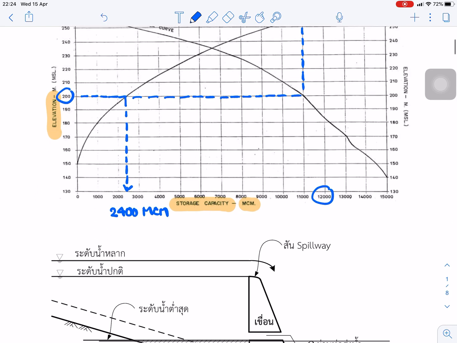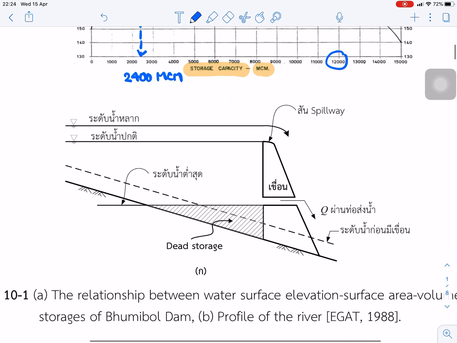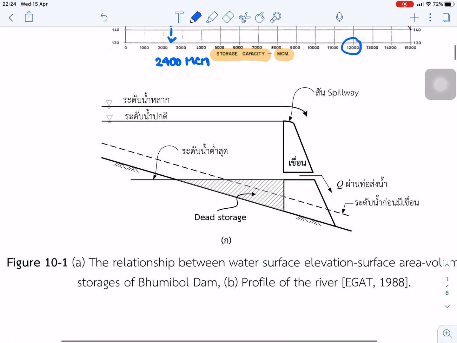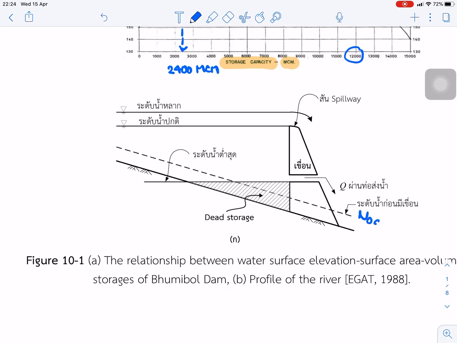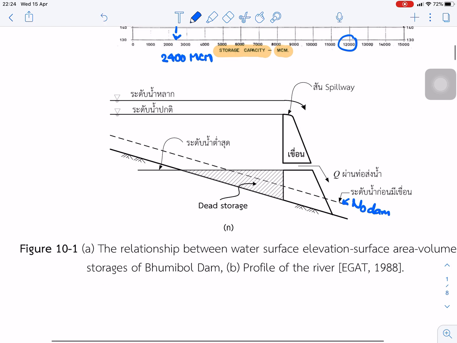Okay, another picture shows the profile of the dam. Before the dam is built, this is the level with no dam. It's the initial water level. When the dam is built, the water level rises to this level.